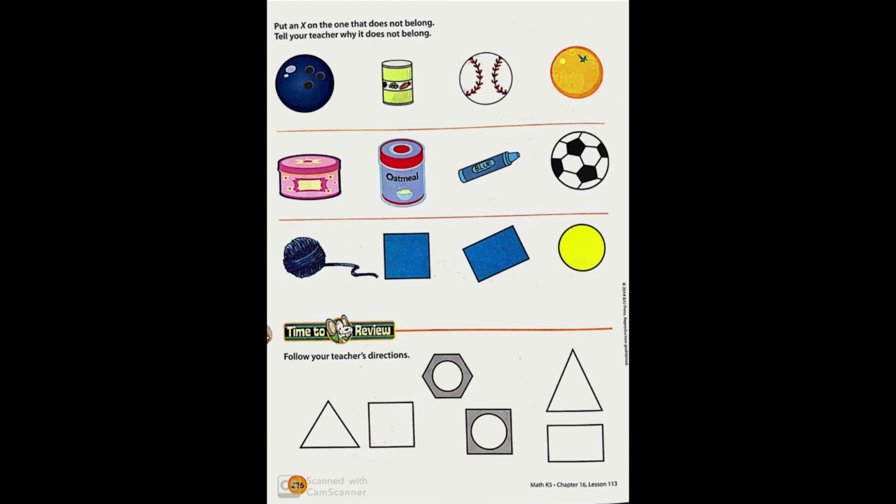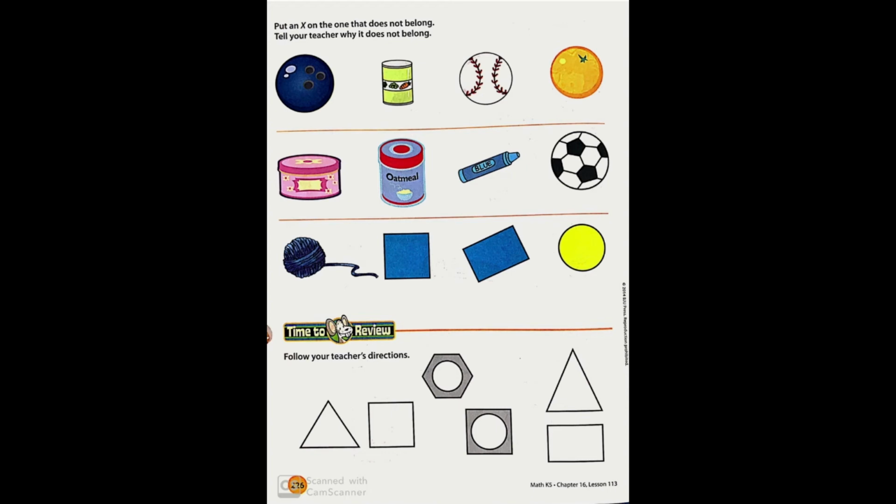In the next page, put an X on the one that does not belong. Tell your teachers why it does not belong. We're going to put an X on the object that looks odd, that does not belong.